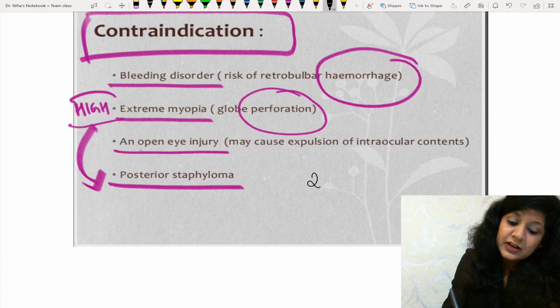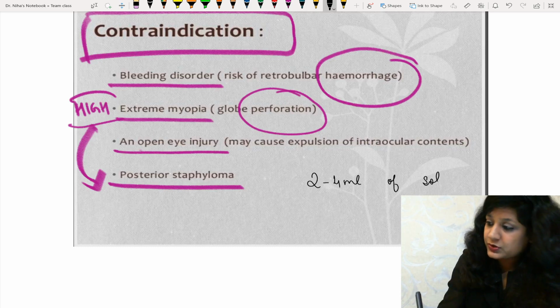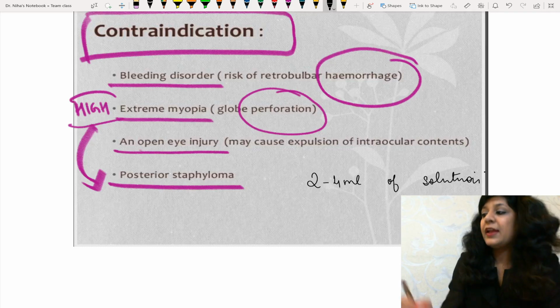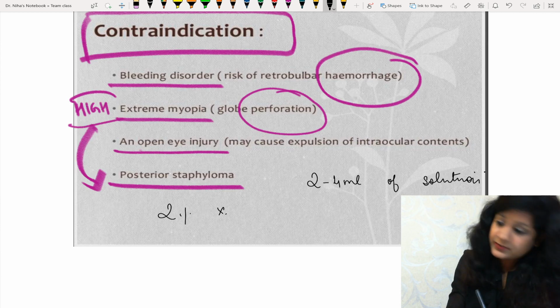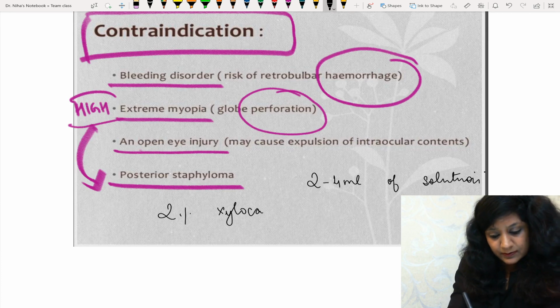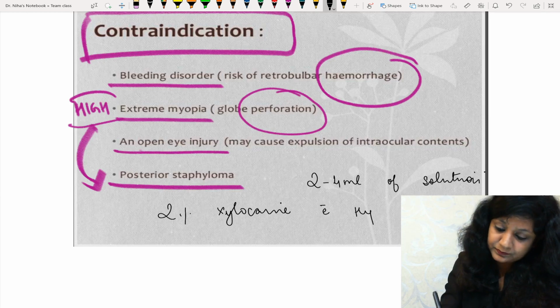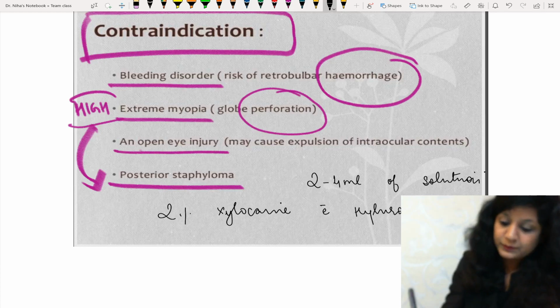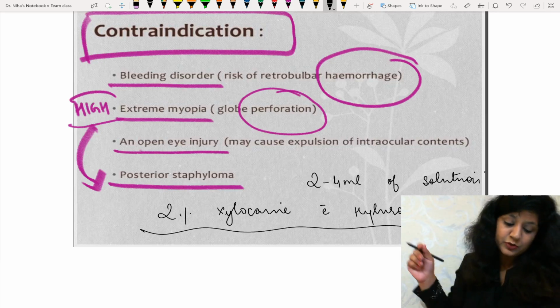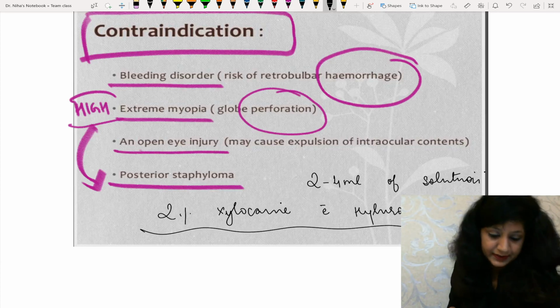Total 2 to 4 ml of the anesthetic solution we are giving. Basically we give 2% xylocaine with the hyaluronidase.